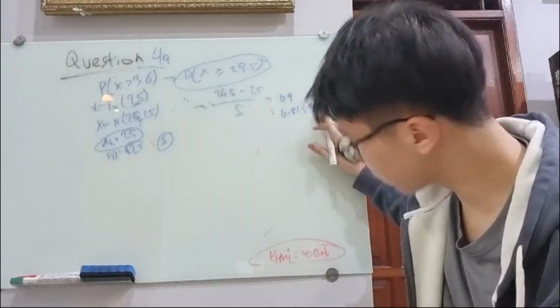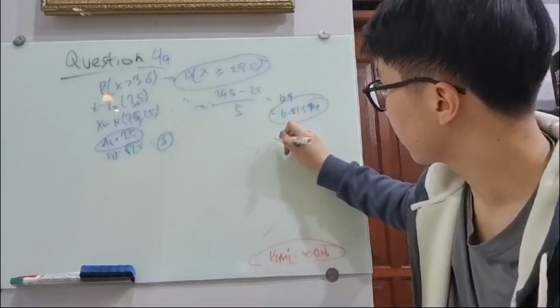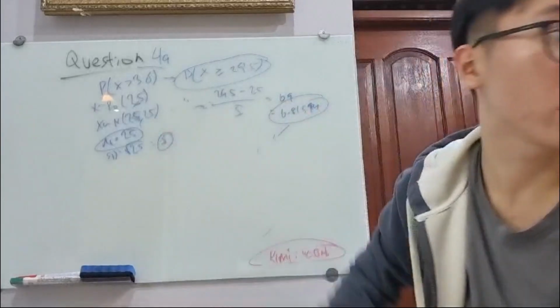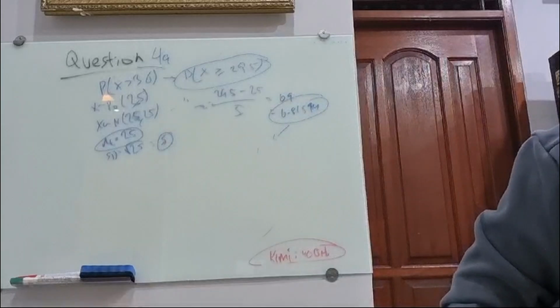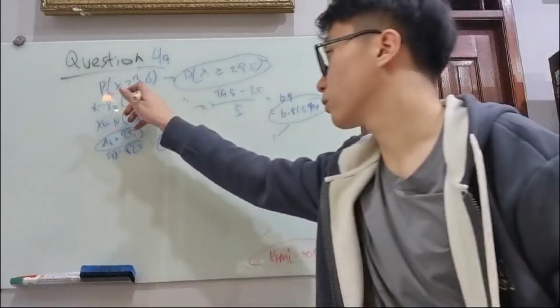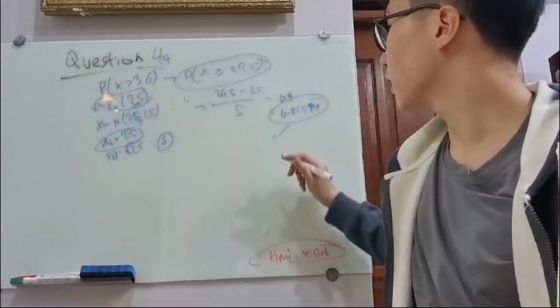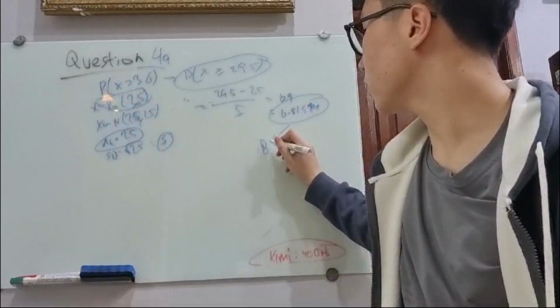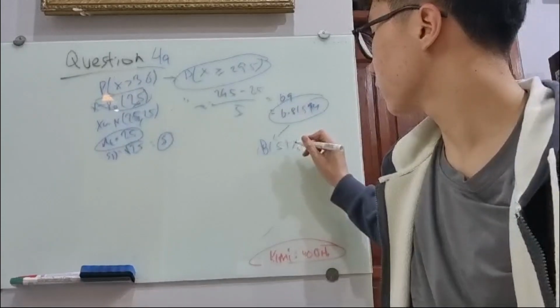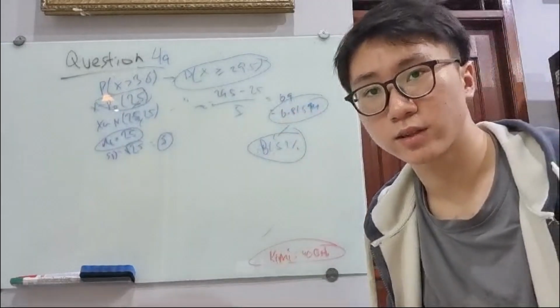This becomes our probability. So the probability of getting defective light bulbs which are more than 30, using this Poisson distribution, is 81.59%. This is our answer for 3A.